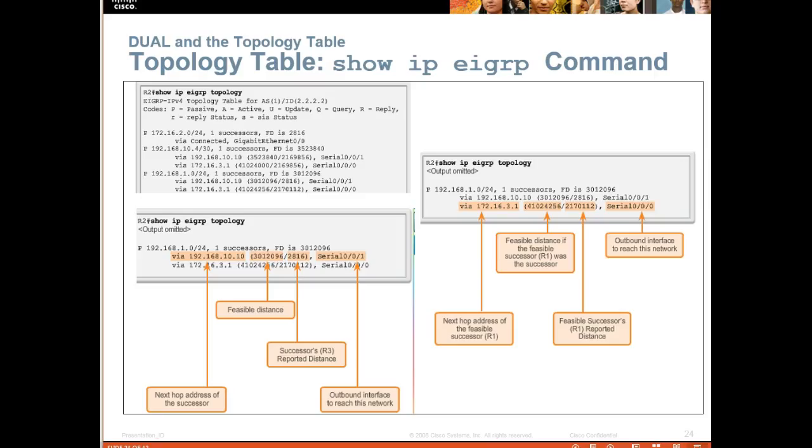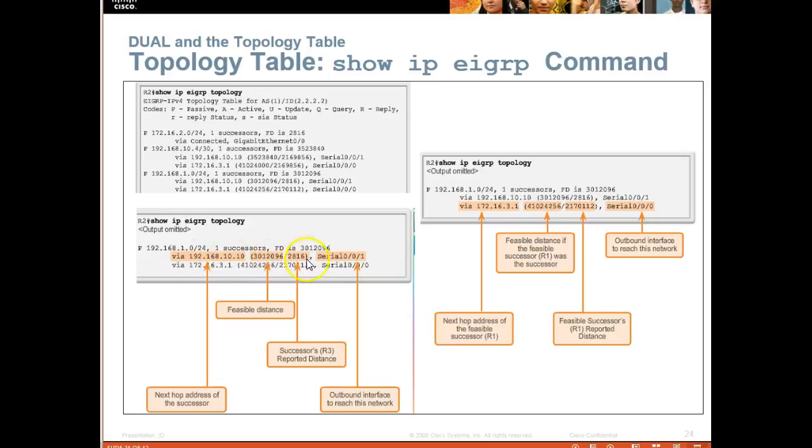Okay, so with all of that, how does this make sense? We do a show ip eigrp topology, and we see the next hop address of the successor and the feasible distance / successor's reported distance. Now notice the reported distance here is smaller than the feasible distance, so this is the valid route.